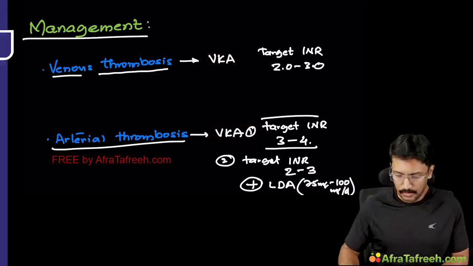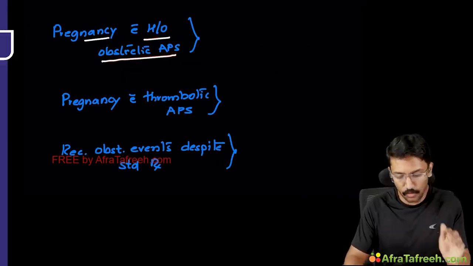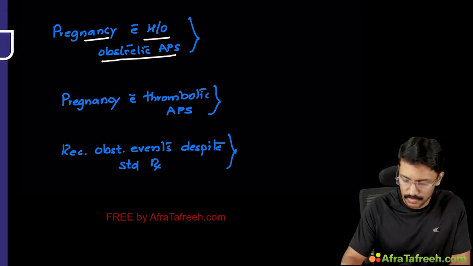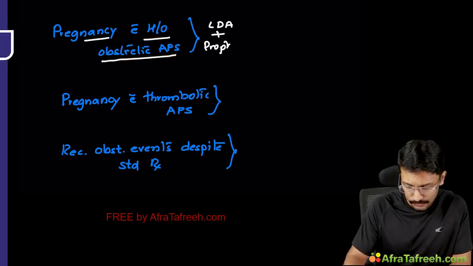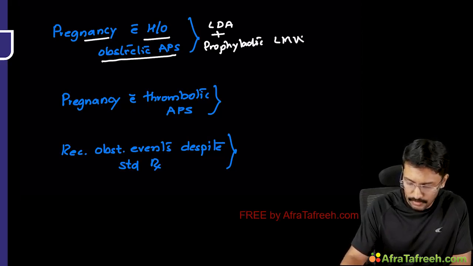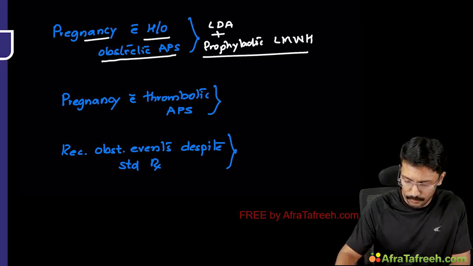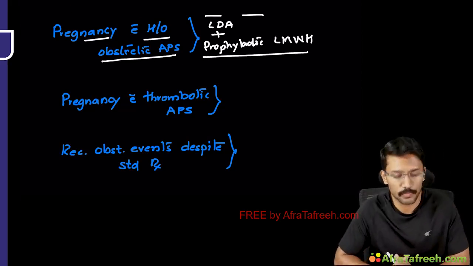Okay. Now, coming back to the pregnancy with history of obstetric APS, no arterial or venous thrombosis. Such patients, we treat them with low dose aspirin plus prophylactic dose of any low molecular weight heparin throughout the pregnancy. Low dose aspirin plus prophylactic low molecular weight heparin. Okay.